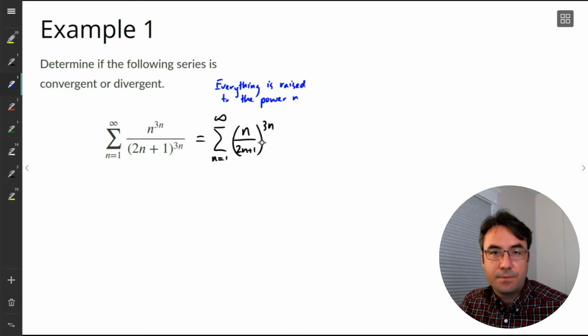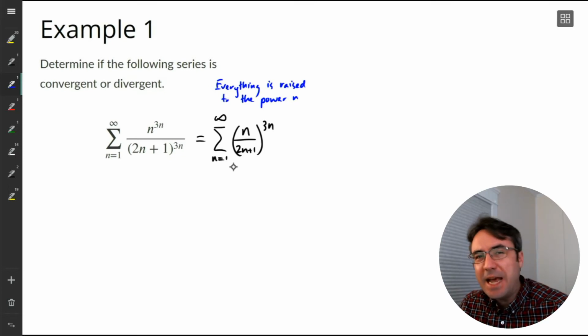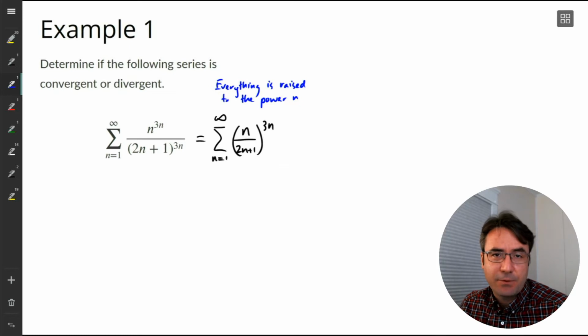So that's where the root test generally works better. The ratio test is still our go-to test. The root test can be helpful, though. We tend not to use it as much, but it can be helpful if everything is being raised to the power n, and in some other cases, but especially where we have everything being raised to a power n.